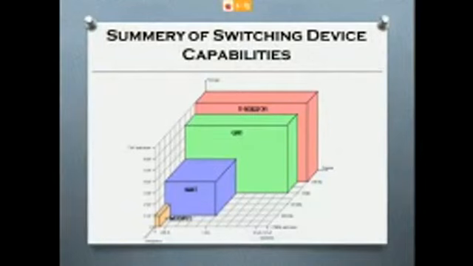It uses an average current like 1 kiloampere and 3 kilovolts of voltage. And the last one, MOSFET, it uses very low current, that is 100 ampere, 1 kilovolt, and the most frequency, which is 1 megahertz. So that's basically what the switching devices are.